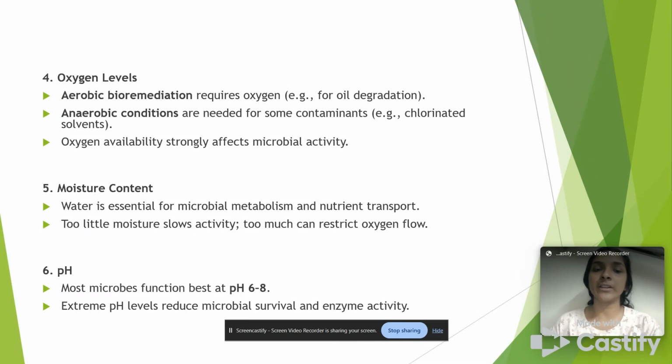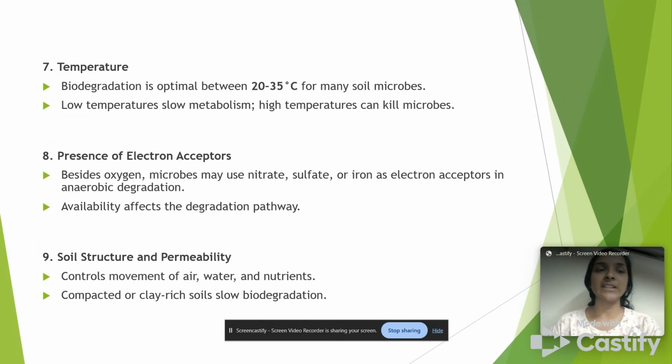Extreme pH levels can reduce microbial and enzyme activity. Next is the temperature. Biodegradation is optimum between 20 to 35 degrees for many soil microbes. Too much heat kills the microbes and reduces the degradation process, and low temperature also slows the metabolism.